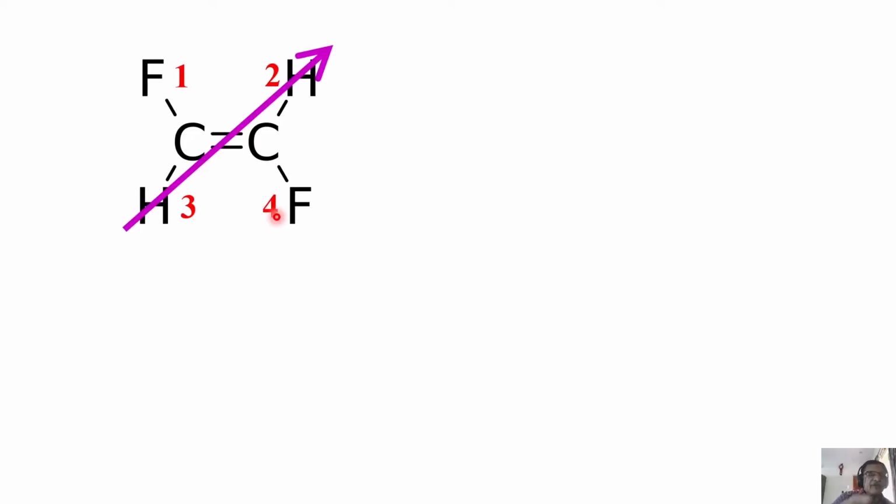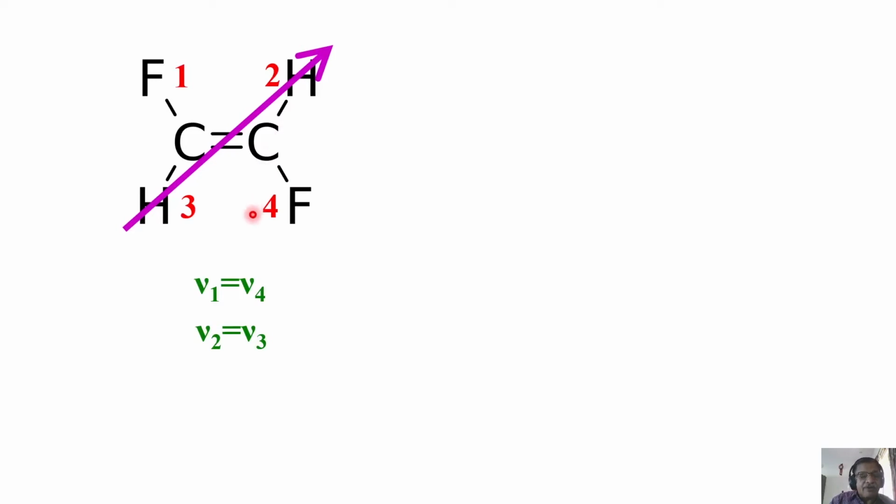Of course, you can write it like this also. There is no problem. Because of the symmetry axis, fluorine 1 and fluorine 4 are chemically equivalent. So the resonating frequency for this fluorine and this fluorine are the same. They come at the same chemical shift. So nu1 is equal to nu4.